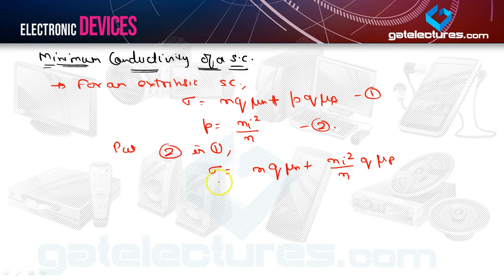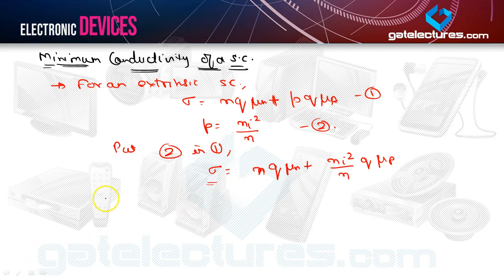Now we use the concept of maxima and minima. For finding the maxima and minima, we take the derivative, and if the second derivative comes out negative, the maxima exists there. If it comes out positive, the minima exists there.